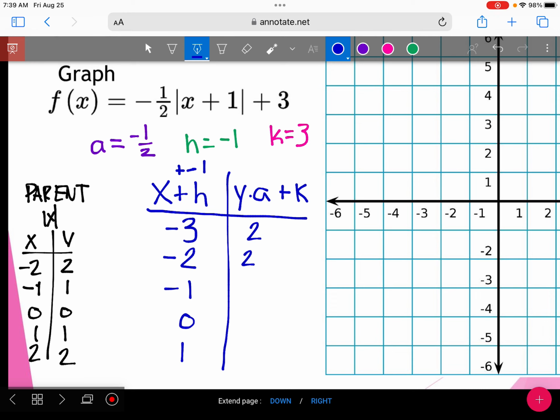I genuinely do not care if you do decimals or fractions, whichever one your brain likes better. You're either going to like 2.5 or 2 and 1/2 better. And I don't care which one it is. And you can mix and match. 0 times negative 1/2 plus 3. Boom shakalaka. So now we're into this one down here. 1 times negative 1/2, negative 1/2 plus 3. 2.5.